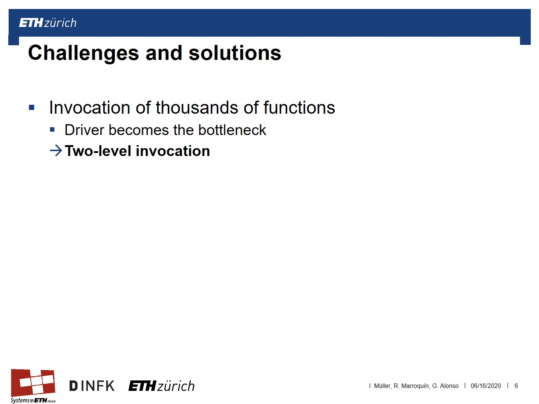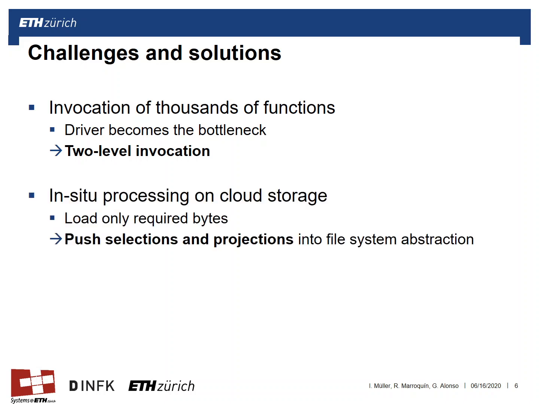And what we did instead is a 2-level invocation where the first number of workers helps invoking the remaining workers. Also, we had to be careful with how to do the in situ processing from cloud storage. In particular, we wanted to download only the required bytes for this particular query, and we achieved that by pushing the selections and projections into the file system abstraction.